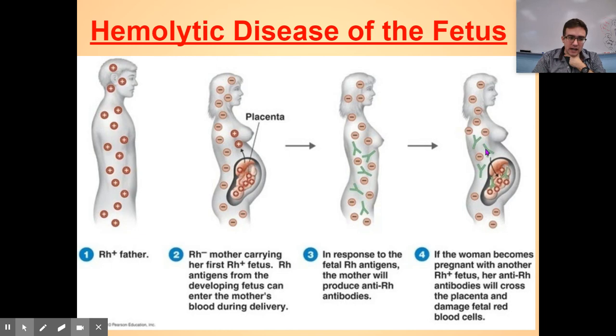If the second fetus has Rh positive blood, then the antibodies from the mother will go to the child, recognize the Rh positive, produce an immune response, and actually damage the child's red blood cells. And in some cases, it will even result in the body rejecting the fetus.